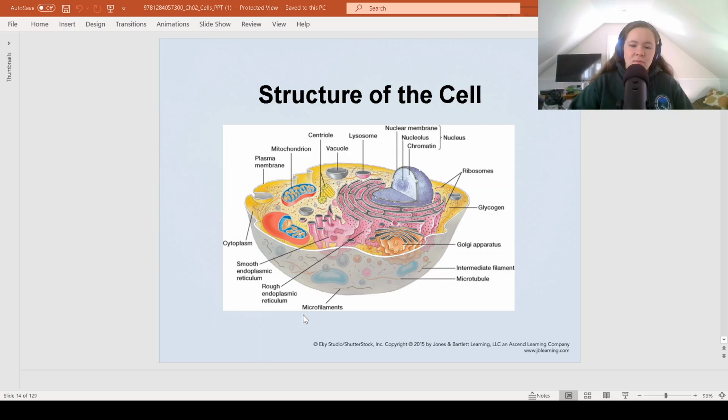We have microfilaments, centriole, vacuole, lysosome, nuclear membrane, nucleus, chromatin, and that is all contained within the nucleus. I'm not going to go through all of these because they're basically just big words for what are in your cells.